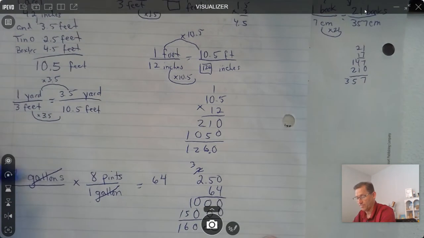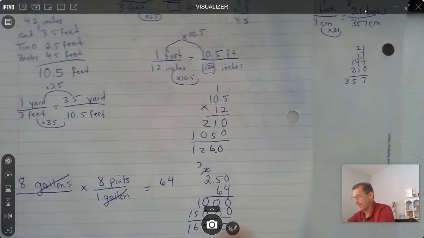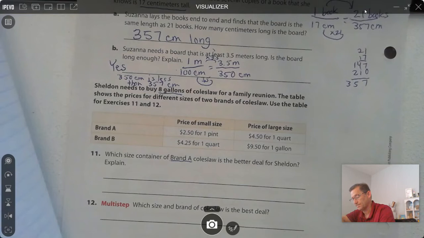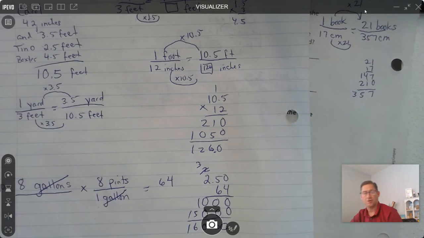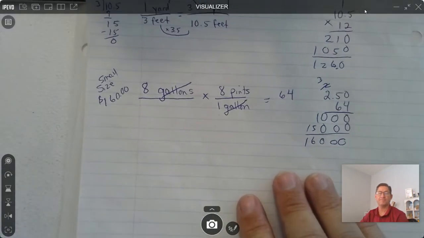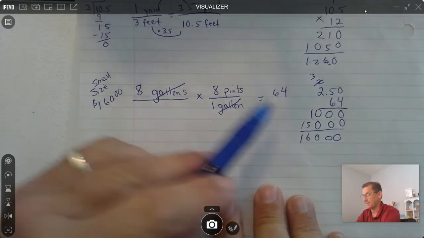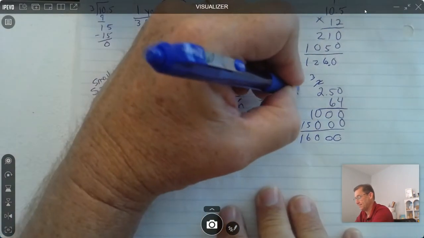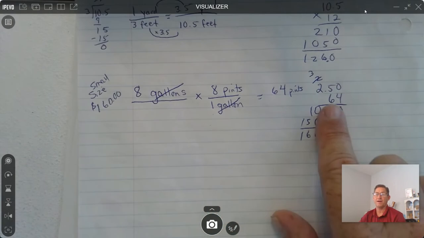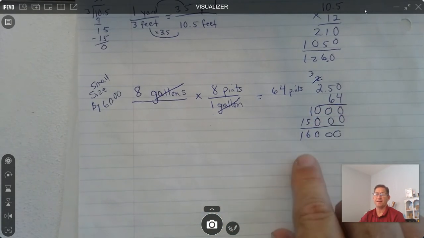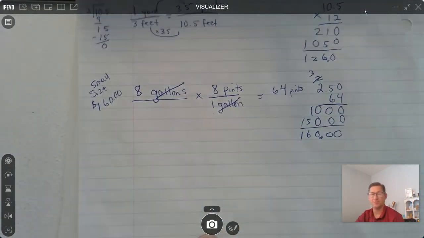All right, so size A, the small size will cost him $160, because there was 64 pints in 8 gallons, and you can buy 1 pint for $2.50. So let's multiply that, and we got $160.